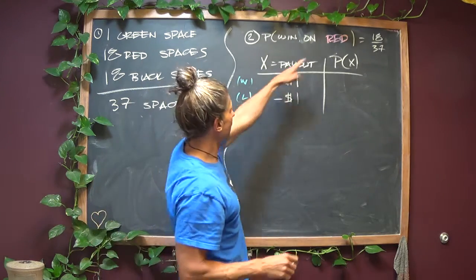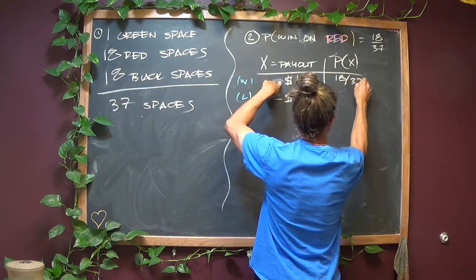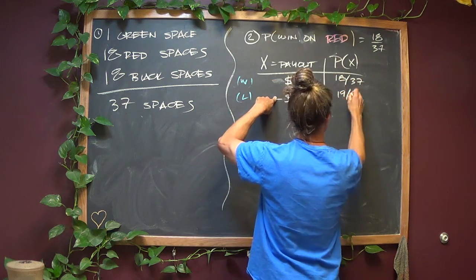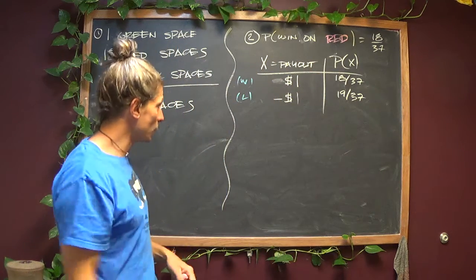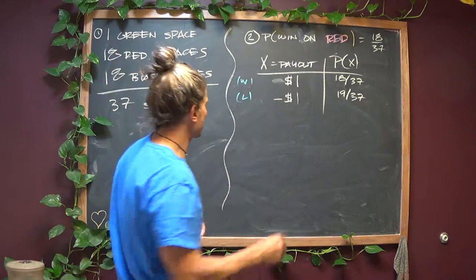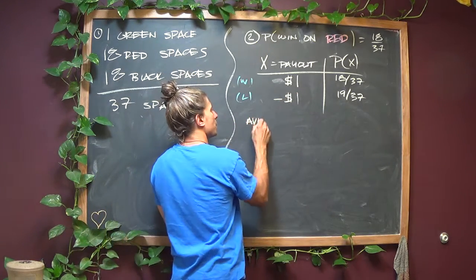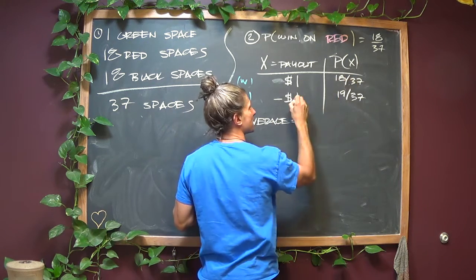Then it's just a matter of sticking in the correct probabilities: 18 37ths and 19 37ths. Make sure these always sum to 100%. You're golden. Okay, so the average is the weighted average of this distribution. So your average is just going to be that times that plus that times that.